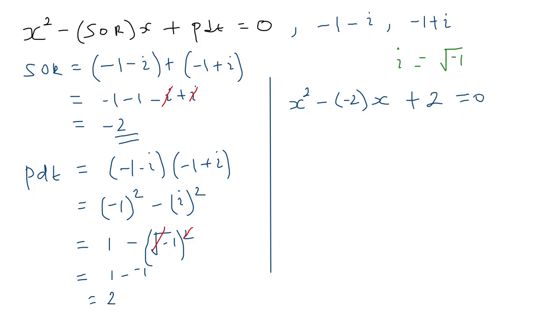On simplifying, this becomes x squared plus 2x plus 2 equals 0. This is the quadratic equation that gives us these as its roots.